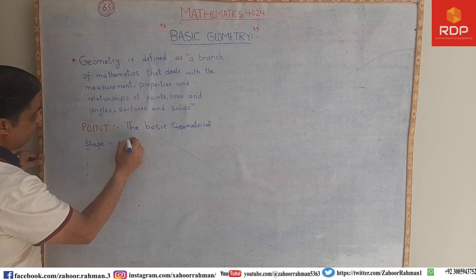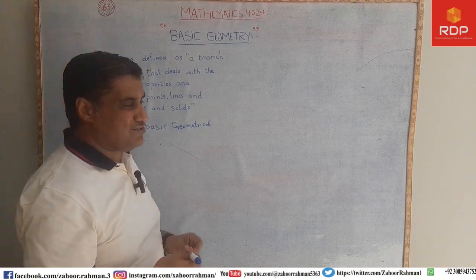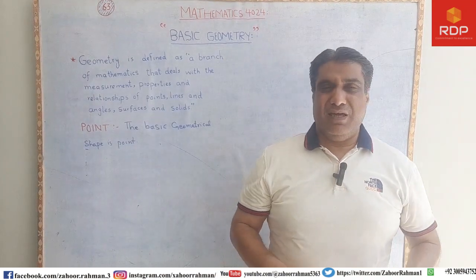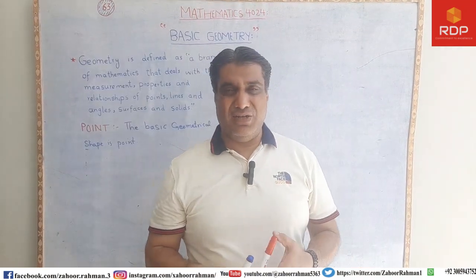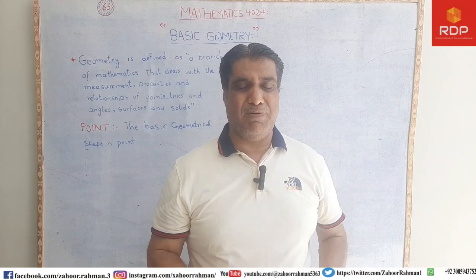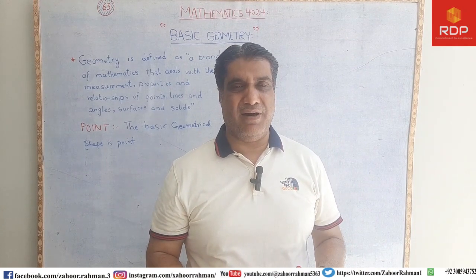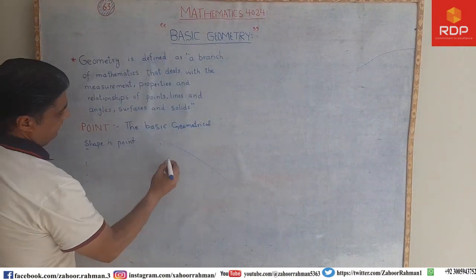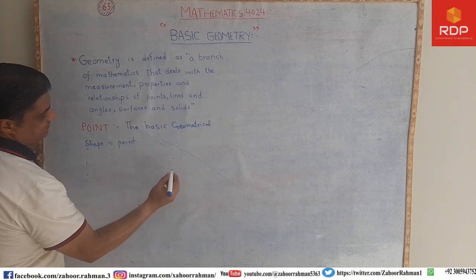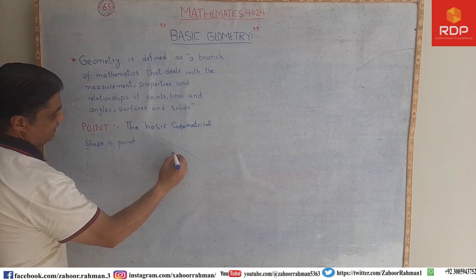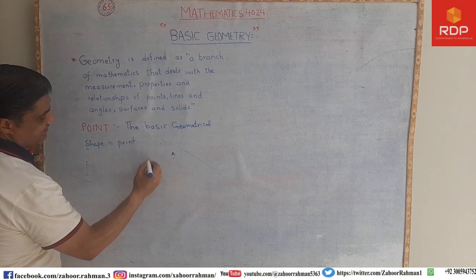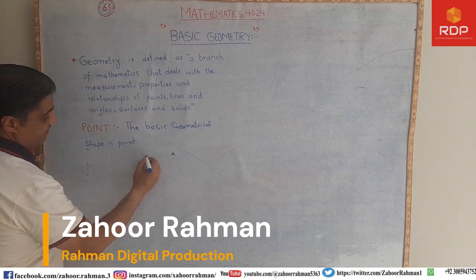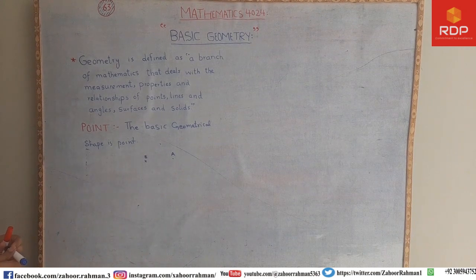All other shapes are constructed from points. We denote a point by a dot or a cross. For example, if we say this is a point, we can call it A, and if we denote another, it is B.